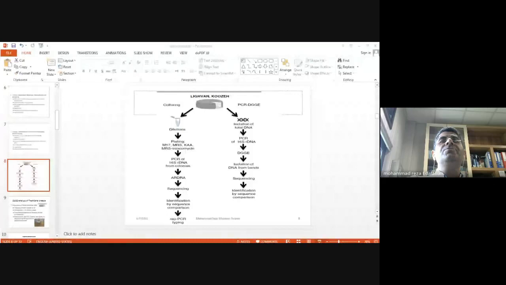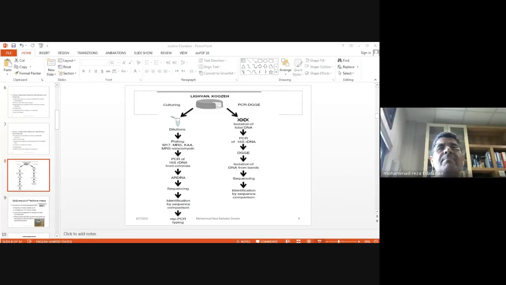So we should amplify the 16S rRNA gene after DNA extraction. For PCR amplification, 100 nanogram of purified DNA was used as a template. This is the amount of DNA which we can use for PCR.